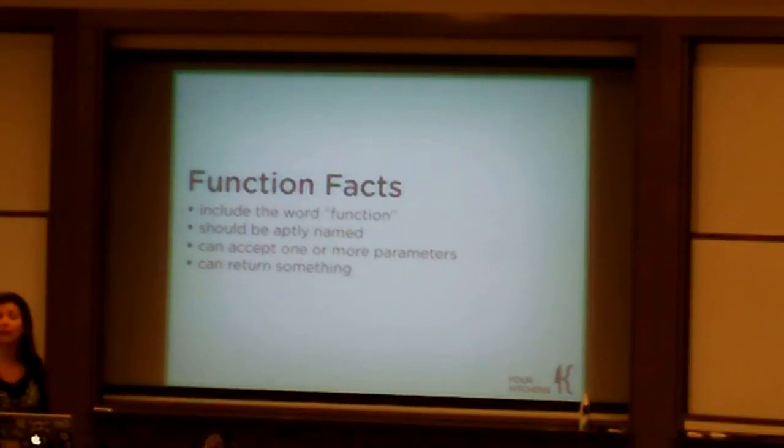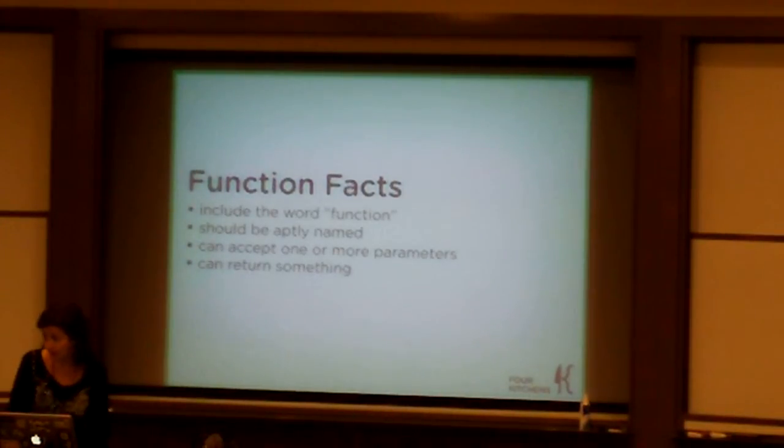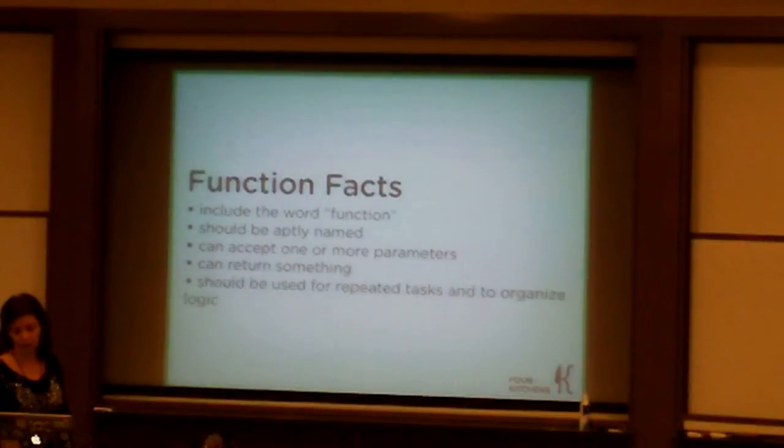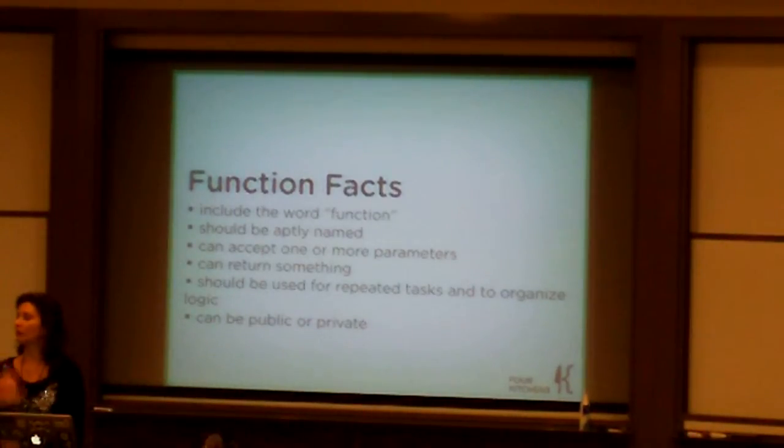It can return something. It does not have to return something, but it can. It should be used for repeated tasks and to organize logic. And then it can be public or private, but just know that for your purposes, you probably will not run into it.